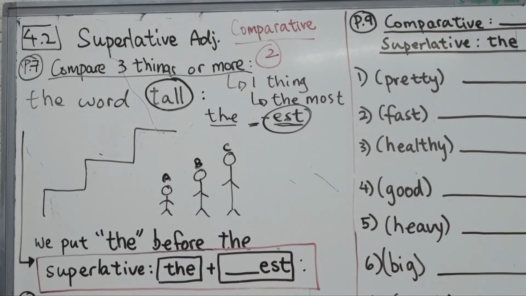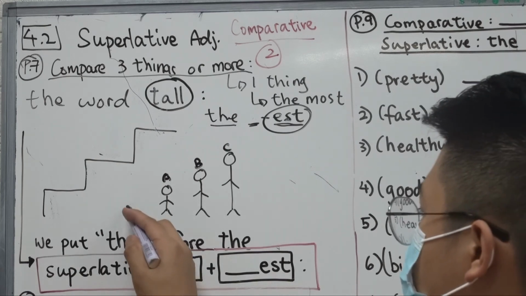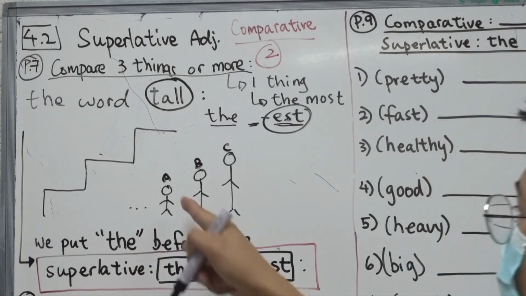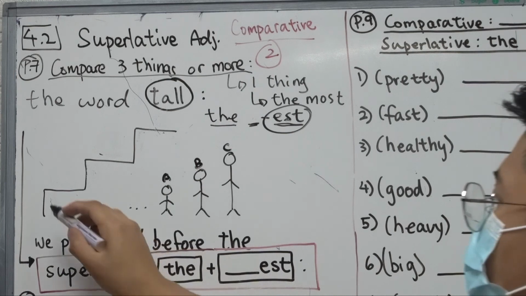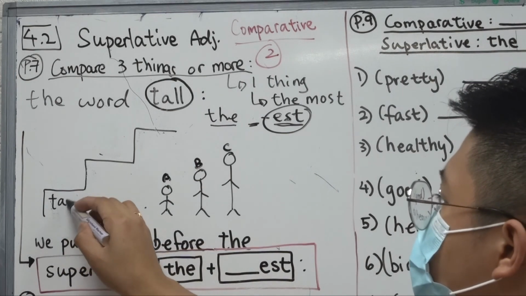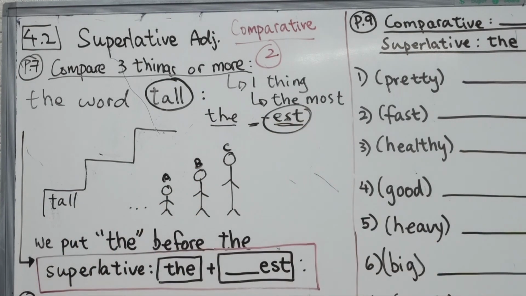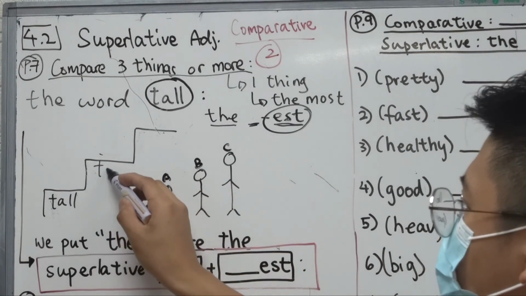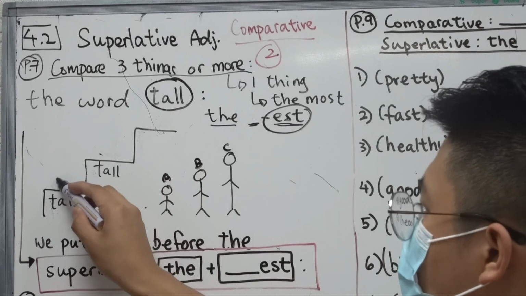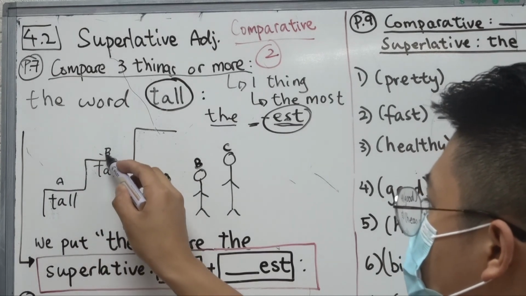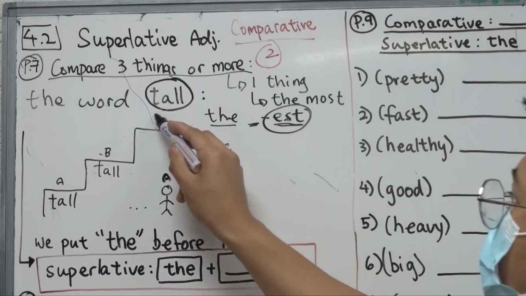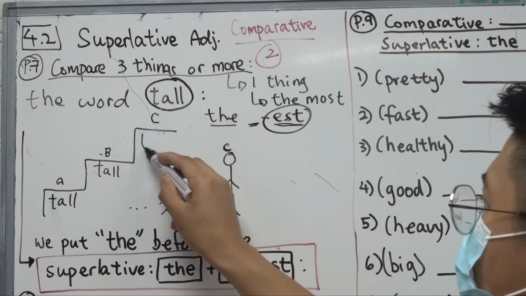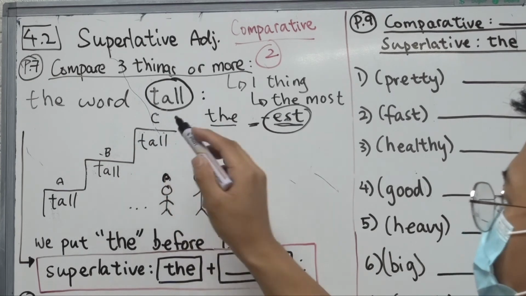So let's put them down. A is also quite tall, so we'll put A here, following their height. Tall. B is also tall, let's put B over here. Lastly we have C, let's put him here, and he is also tall.